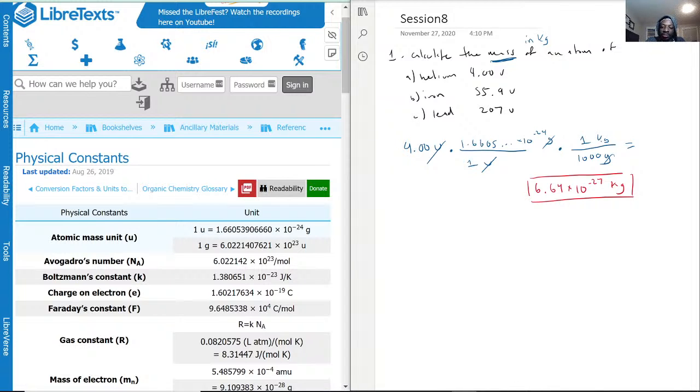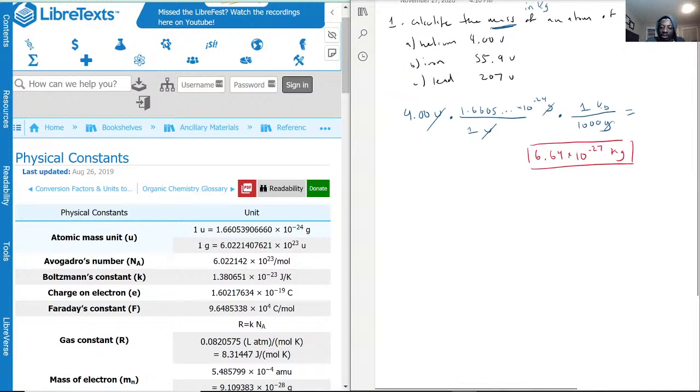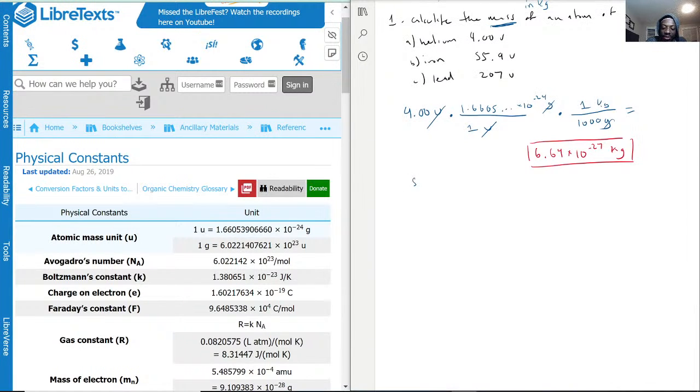Now we do the same exact thing, but this time with the iron value, 55.9. So it's 1.6605 times 10 to the negative 24 grams equals 1 atomic mass unit, and 1 kilogram is equal to 1,000 grams.